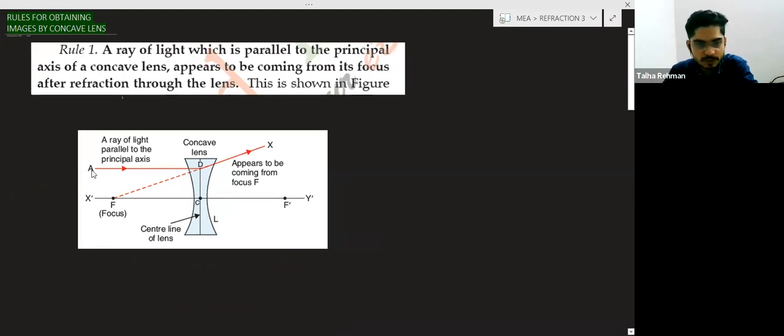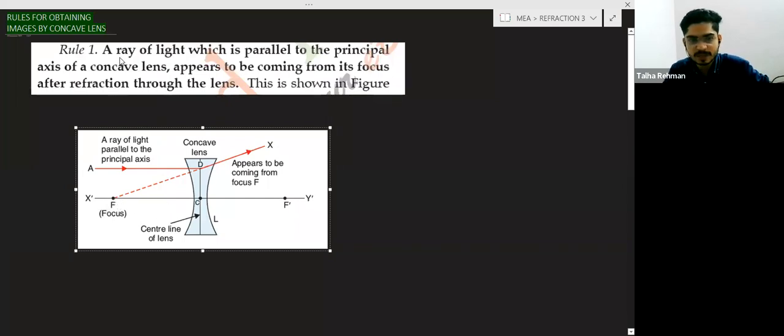Suppose this is the principal axis and this is a concave lens. C represents the optical center of the lens. Here a light ray parallel to the principal axis is coming and passing through the lens, and refraction takes place. Actually this ray is going in this direction, but we produce this ray in the backward direction, and it will meet at the focus.